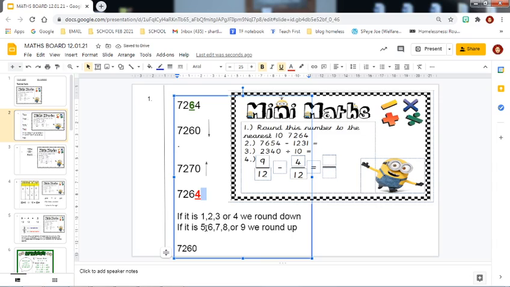Or if the number is a 5, 6, 7, 8 or 9, we round it up so it becomes 7 tens. We can see that the digit is a 4, so 7,264 rounded to the nearest 10 is 7,260 because we rounded it down to 6 tens.